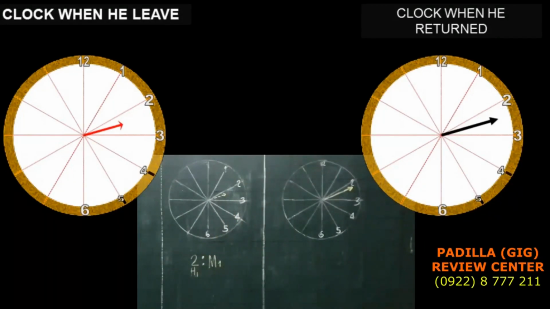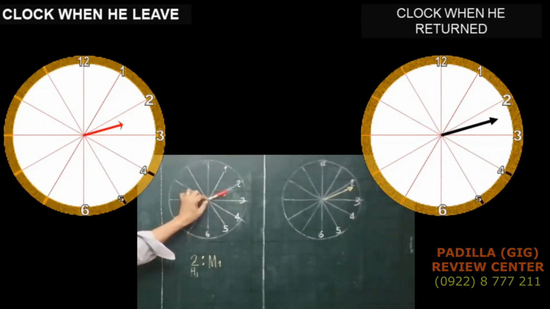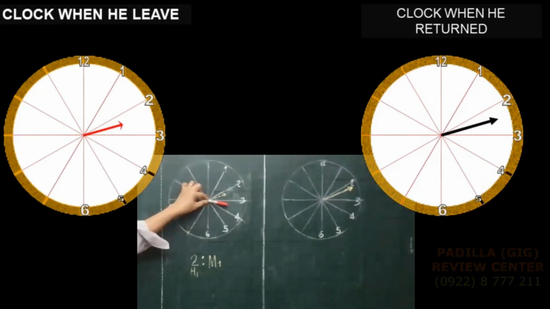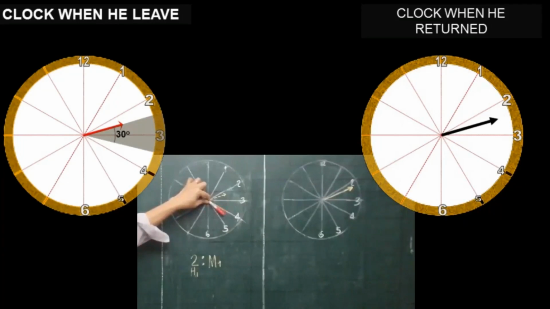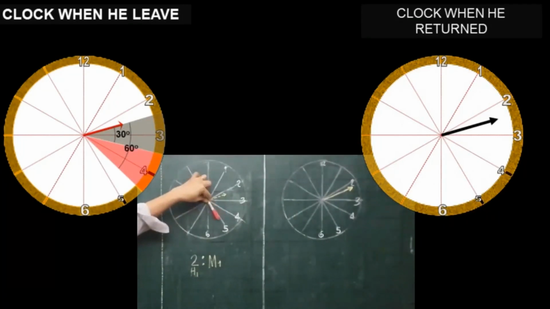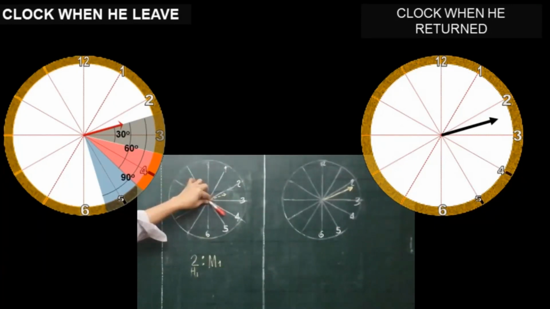Let us find that out. If this is the position when he left, 1 hour after this, our hour hand will be exactly 30 degrees away. 2 hours after that, it will be exactly 60 degrees away. 3 hours after that, it will be exactly 90 degrees away. Right? So, the hour hand after 2 to 3 hours could fall between 4 and 5 or between 5 and 6.